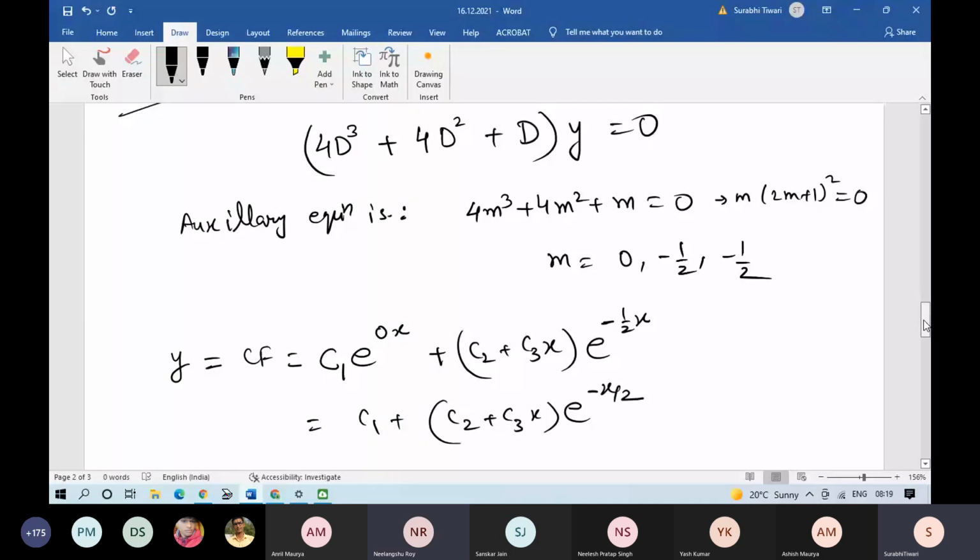Yes, ma'am, but C1, C2, C3 are all distinct real constants. We don't know their values. These may come out equal depending upon the initial conditions or boundary conditions given to you in the question. These may be distinct or these may be equal.